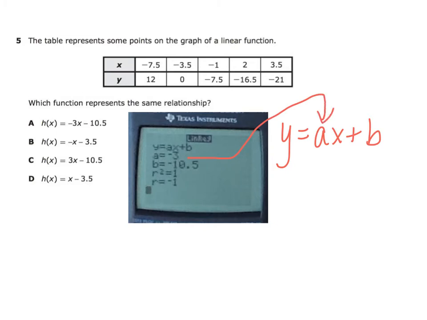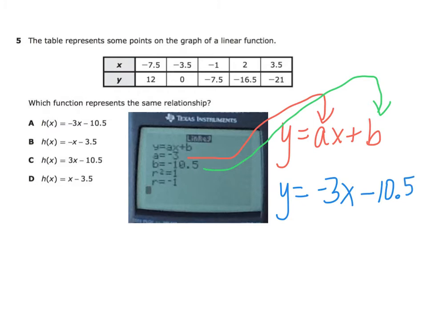And you're going to take that b, which is -10.5, and plug it in there. The x and the y stay where they are. So our equation is y equals -3x, plus b, my b is -10.5, so -10.5. That's my equation. Then I just look over to my answer choices and see which one has the -3x minus 10.5, and that's my answer.